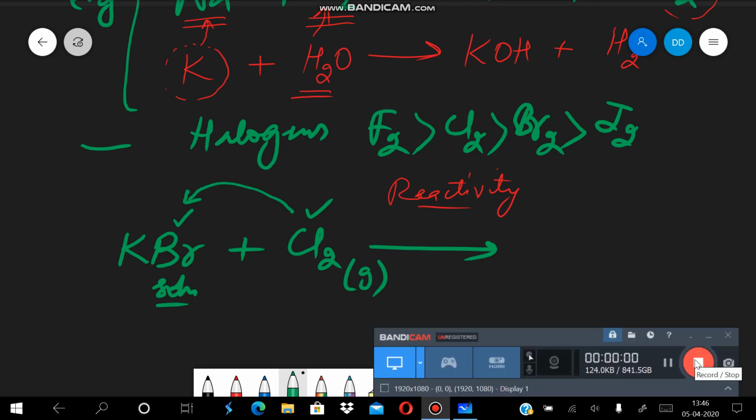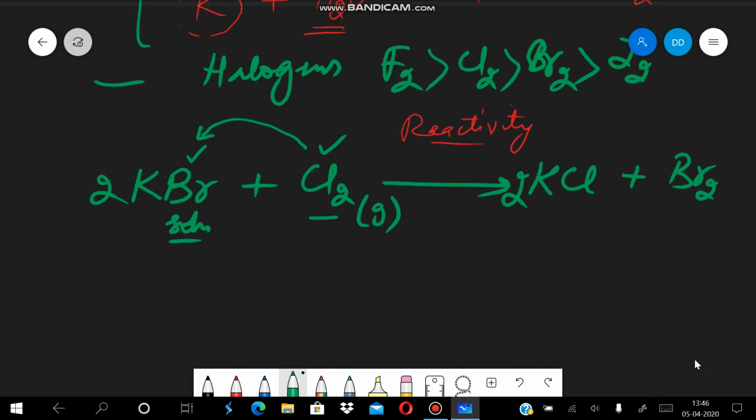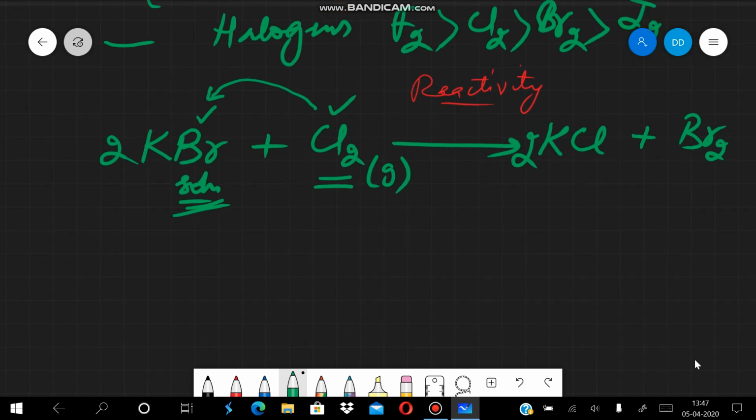Therefore, chlorine will displace bromine and the product formed will be potassium chloride and bromine. So a more reactive halogen can displace a less reactive halogen.